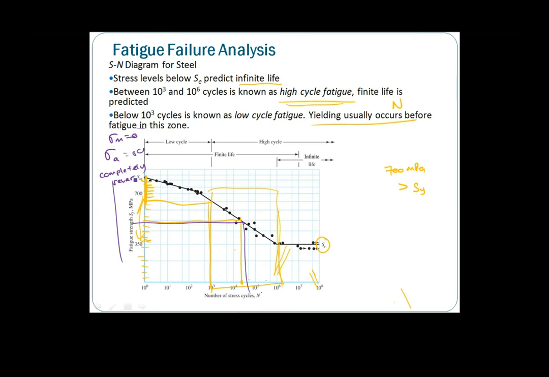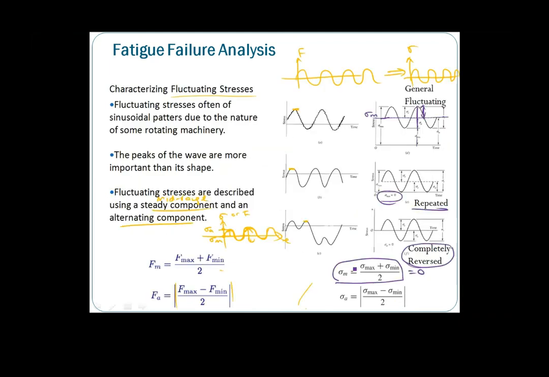Your stress is like this, sigma M equal to 0. The first one here is smaller, then you can go higher, but both sides are the same, at a higher amplitude. So that is completely reversed, with sigma M equal to 0 mid-range.